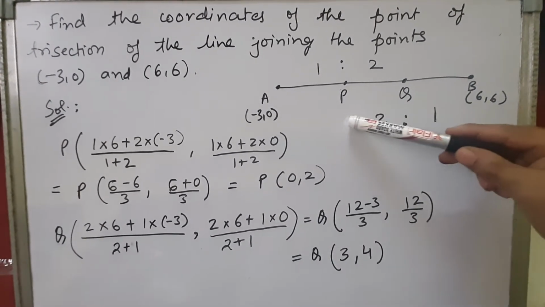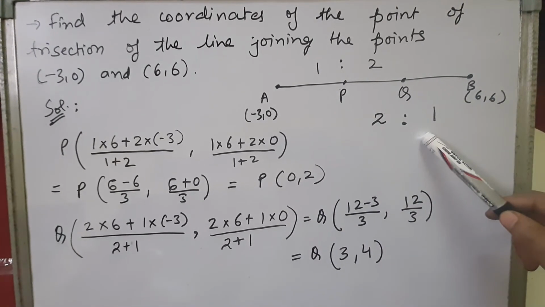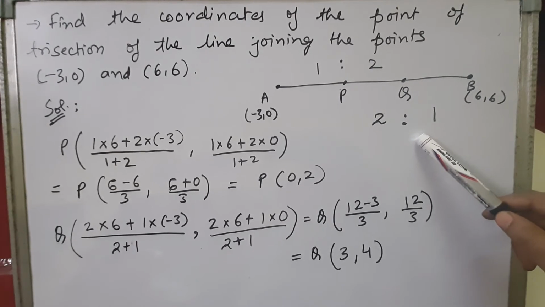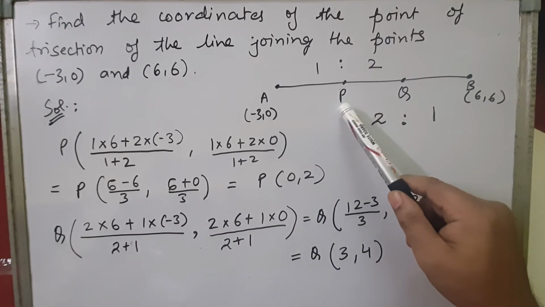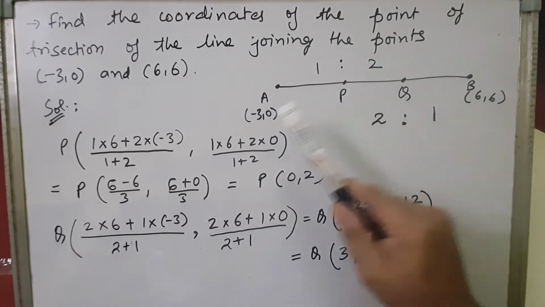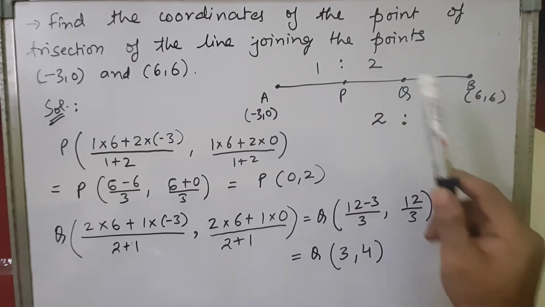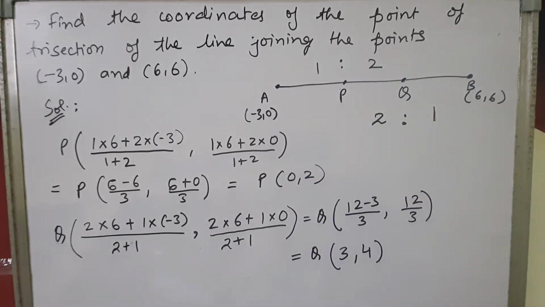So P will be dividing AB in the ratio 1 is to 2. Okay. And Q will be dividing AB in the ratio 2 is to 1. When we apply the section formula here for finding the coordinates of point P, we'll get M1 x2 plus M2 x1 upon M1 plus M2. So it will be 1 into 6 plus 2 into -3 upon 1 plus 2. That will be 6 minus 6, it will be 0.